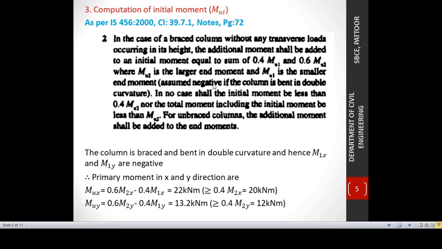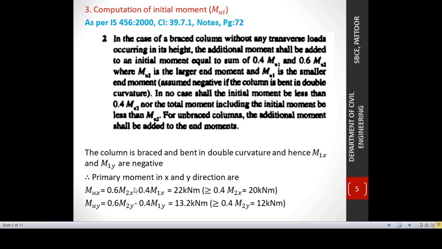By considering this clause, we arrive at the equation for the primary moment in x direction: Mux is equal to 0.6 M2x minus 0.4 M1x, where M2 represents the larger end moment and M1 represents the smaller end moment.